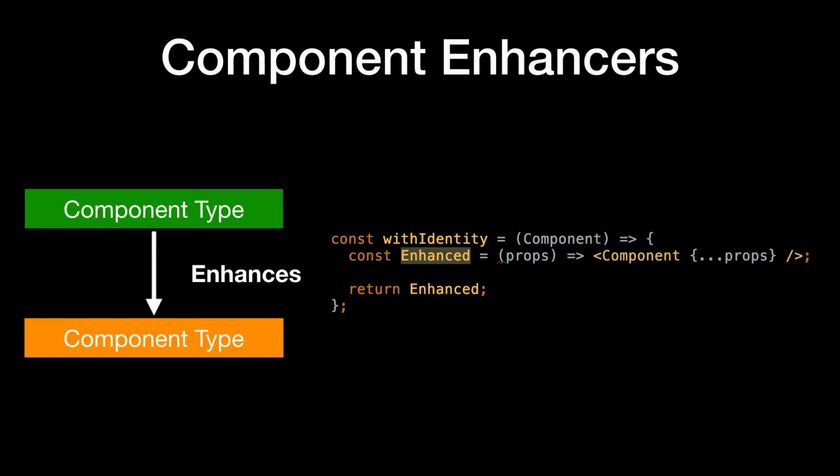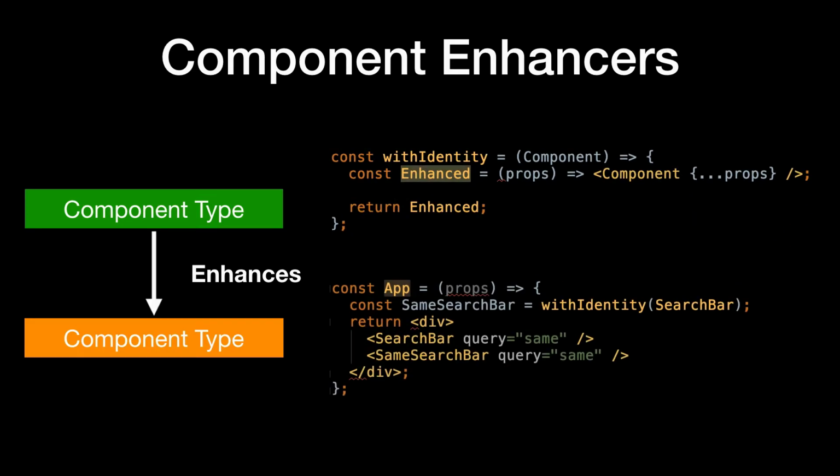We're passing a component, and we're going to return another component that will take the props and spread it onto the existing component. So spreading syntax just means everything that is passed in as props will get passed into the original component. So now this doesn't do anything, and in our call site, search bar and same search bar is exactly the same.